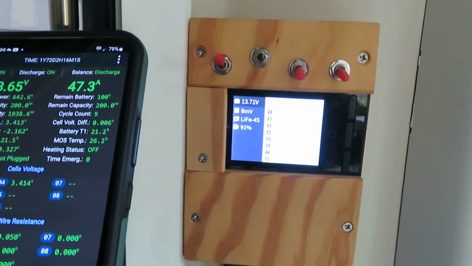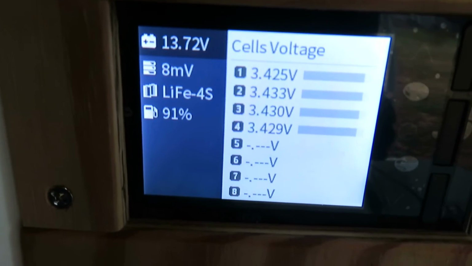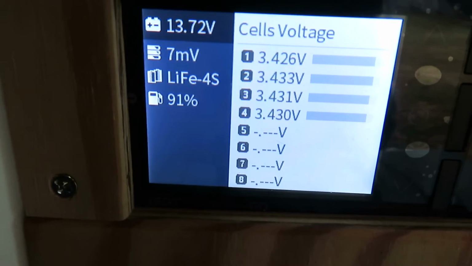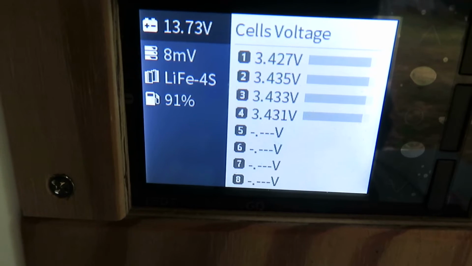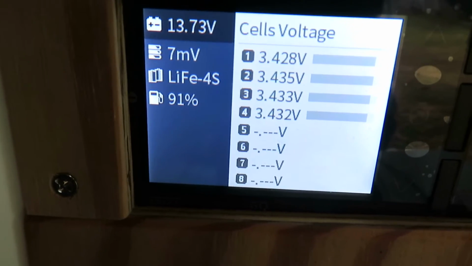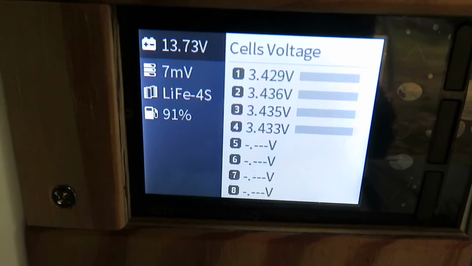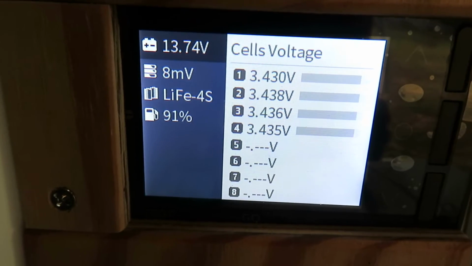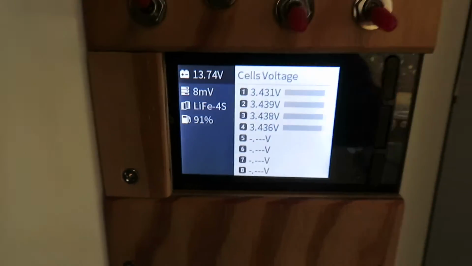As you can see, the voltages are okay. Let's see, the voltages are 3.42, 3.43 volts. So it's still a long way to go before it hits the trip-off level, which is typically set at 3.6 volt. So the battery is capable of being charged higher than 14 volt if the balancing is good.